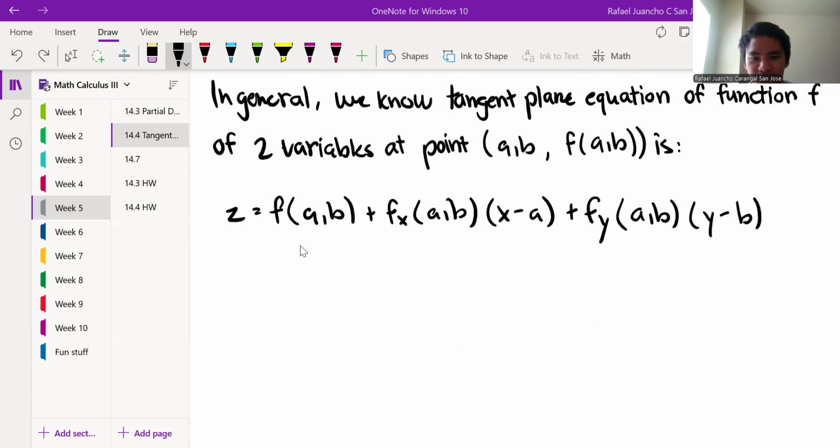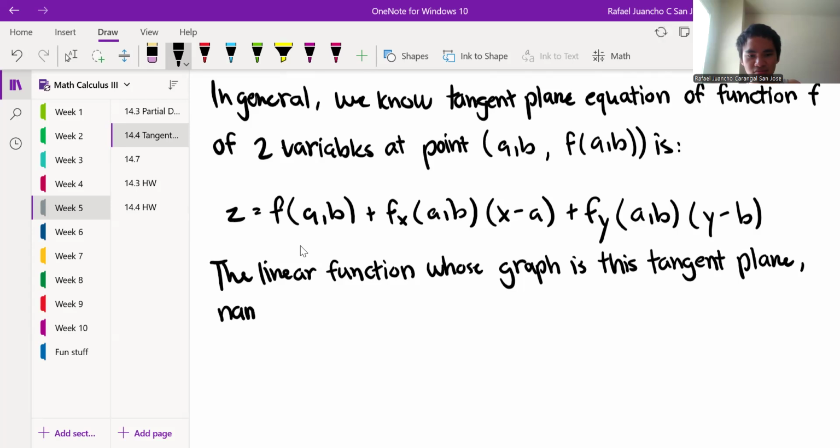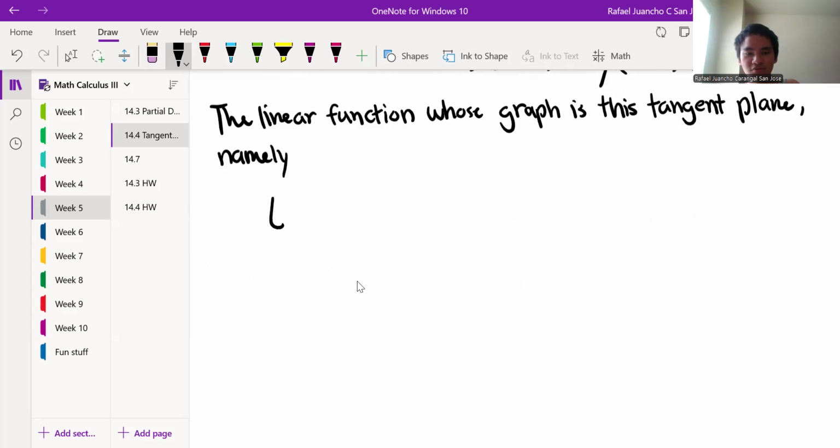And so the linear function whose graph is this tangent plane, namely, we're going to do L of x, y.